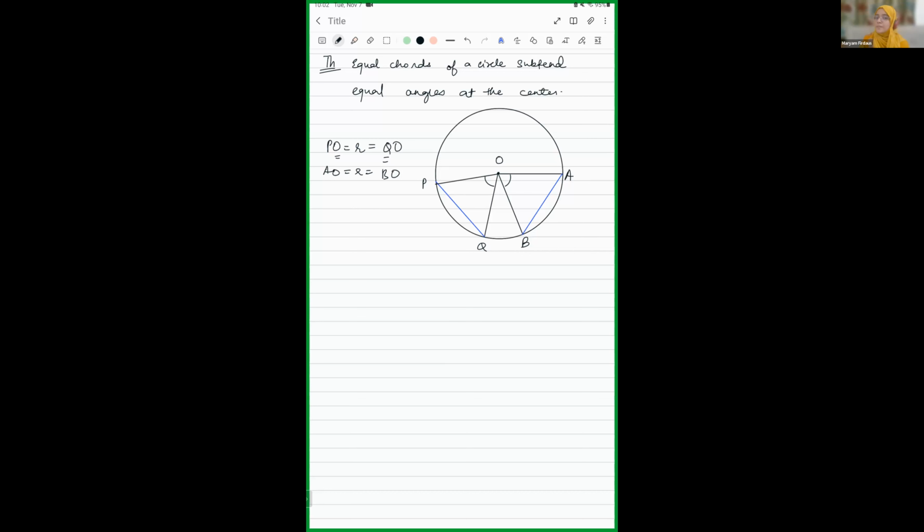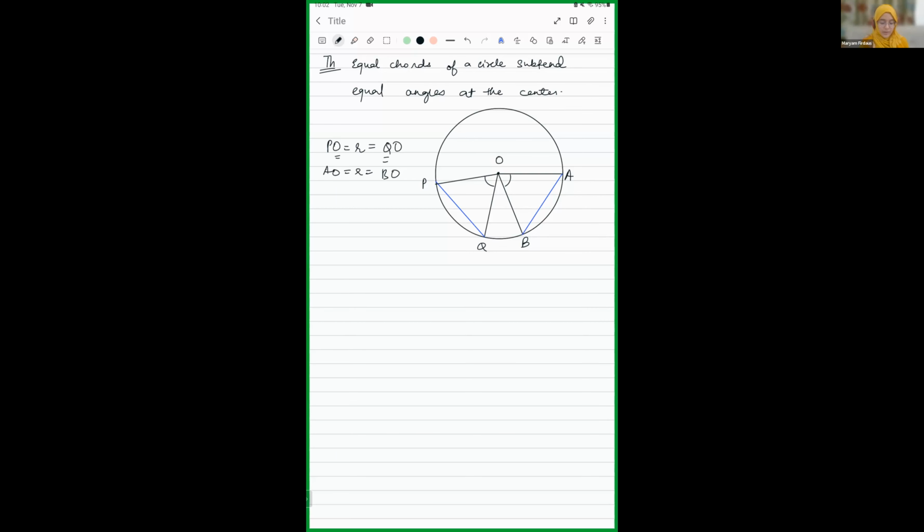You need to show that these two angles are equal. Can we use any rules? Yeah, of course. You've studied the triangles chapter. We've studied that chapter for so long. Ma'am, we can use SSS rule, right? Okay, we can use SSS rule.